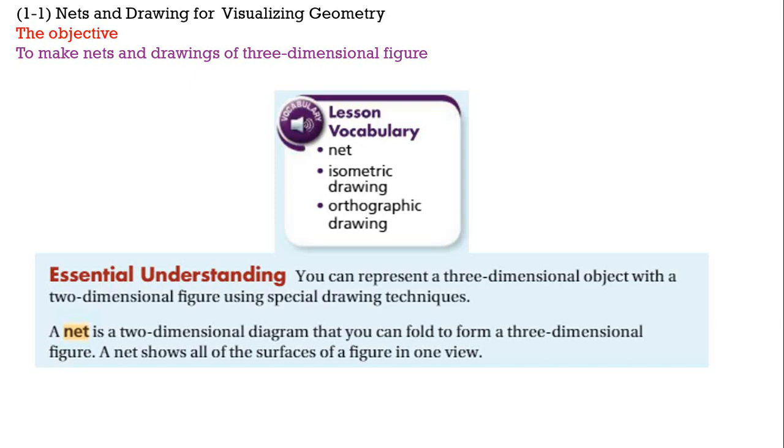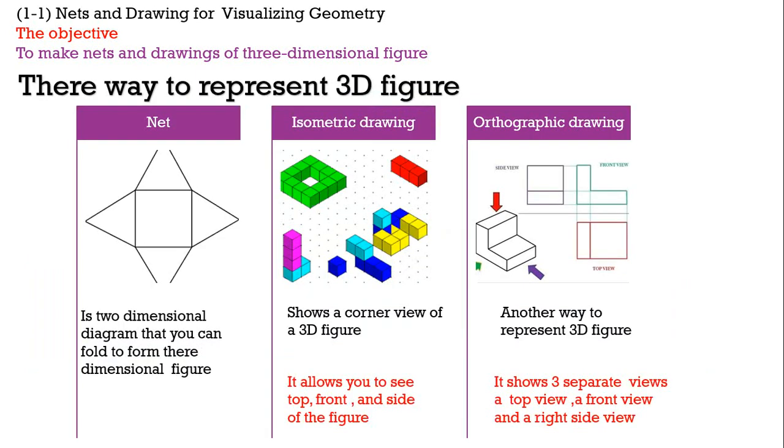We have three ways to represent three-dimensional figures, which are given in our vocabulary: net, isometric drawing, and orthographic drawing. Let me show you all these three vocabularies together. So the first one, net. A net is a two-dimensional diagram that you can fold to form a three-dimensional figure, which is like this.